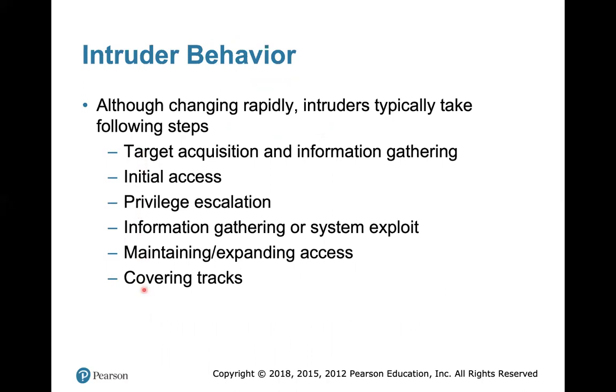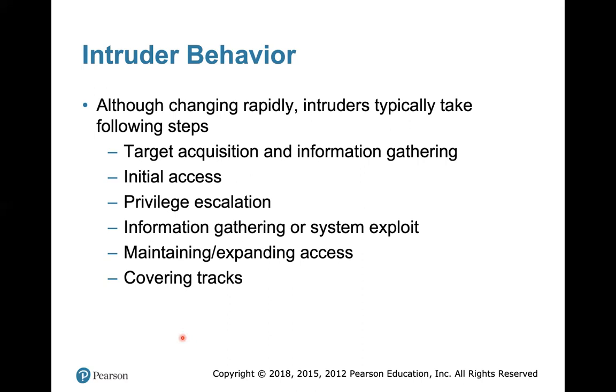Some of them can be cancelled if the intruder doesn't like, but of course having them maximizes the impact of that attack or intrusion. I'm going to go over them very quickly, and then in the next few slides I'm going to give you some real examples of each of these steps in an intrusion into a computer system.